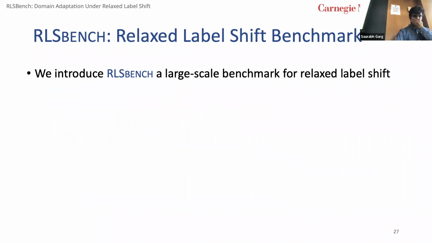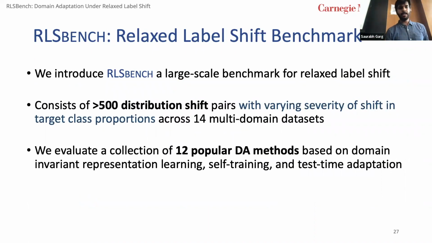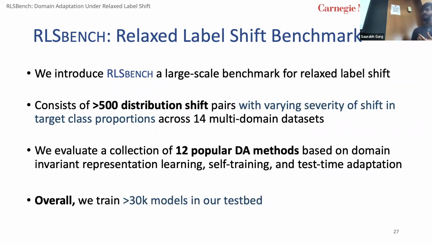Okay, so now maybe I'll quickly introduce the benchmark that we have and move on to presenting results on that. We created a benchmark where we take 14 different multi-domain datasets. By multi-domain datasets, we mean datasets with different shifts in P of X given Y, on top of which we simulate label proportion shifts of different severity.